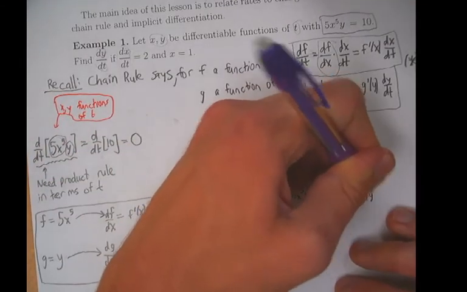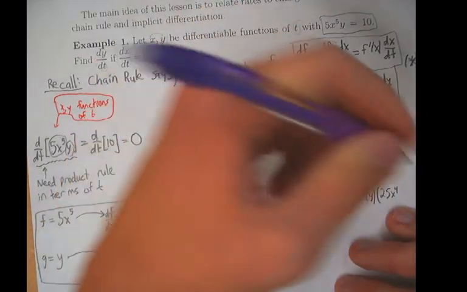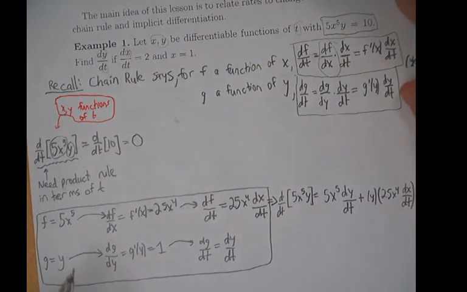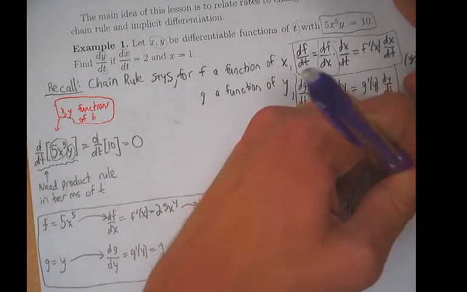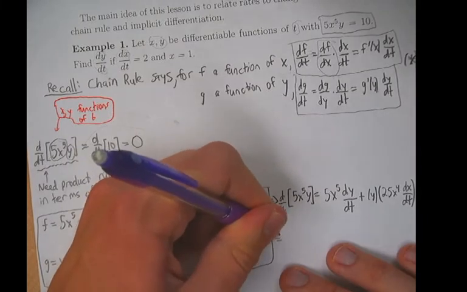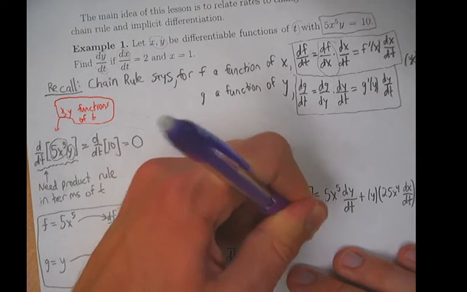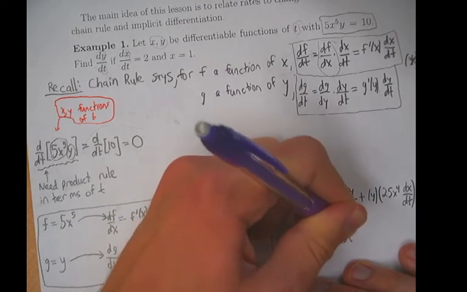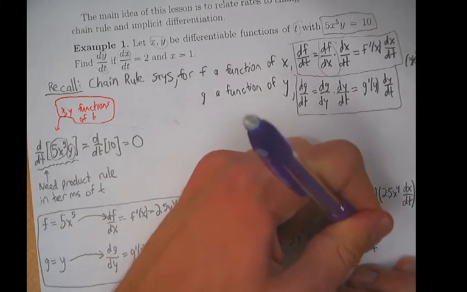So we have y times 25x to the fourth dx over dt. And because that equals derivative of 10, that's just going to yield 0. So let me go ahead and write that a bit more cleanly. So we have 5x to the fifth times dy over dt plus 25x to the fourth times y times dx dt equals 0.